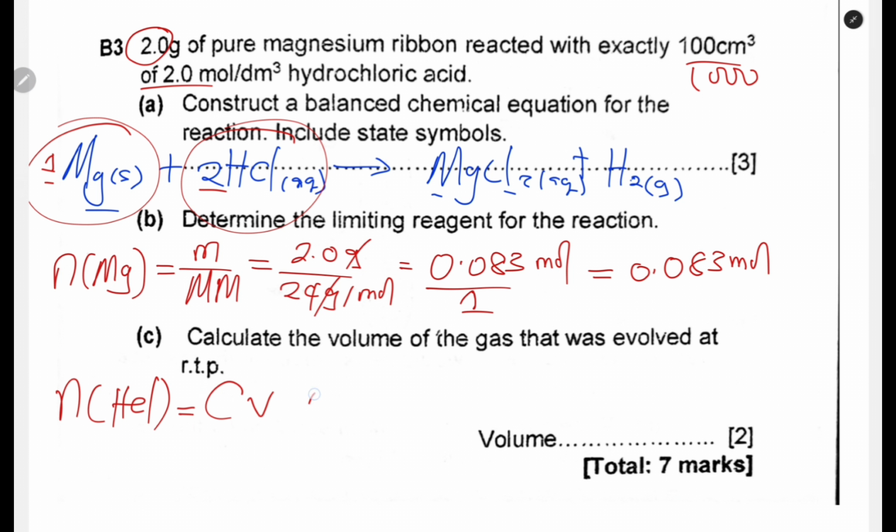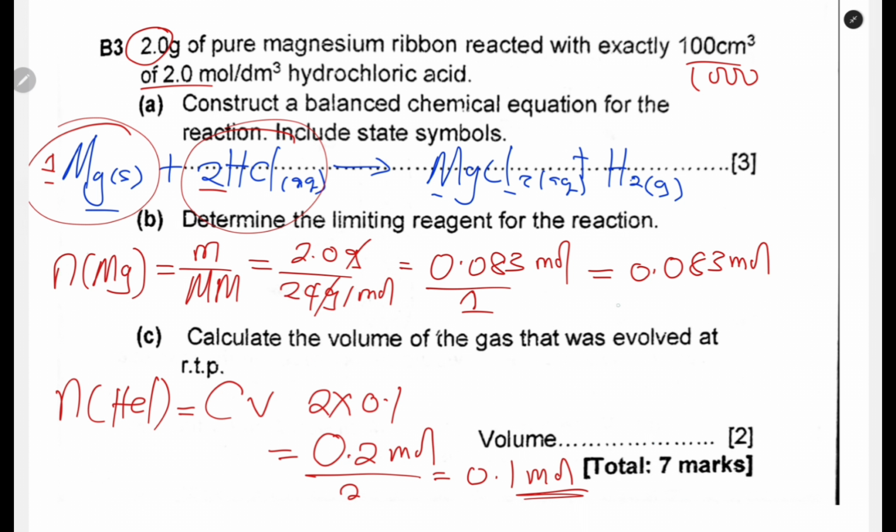So you are going to multiply 2 by 100 converted into decimeter cubed, which gives us 0.1. And this gives us 0.2 mole of what? Of hydrochloric acid. But in front of hydrochloric acid, there's a 2, so divide by 2. So it's going to be 0.1 mole.